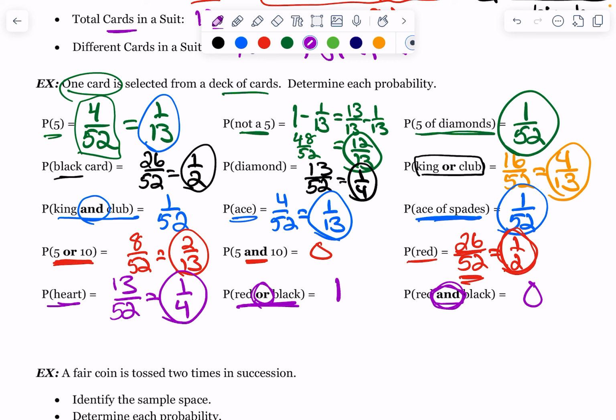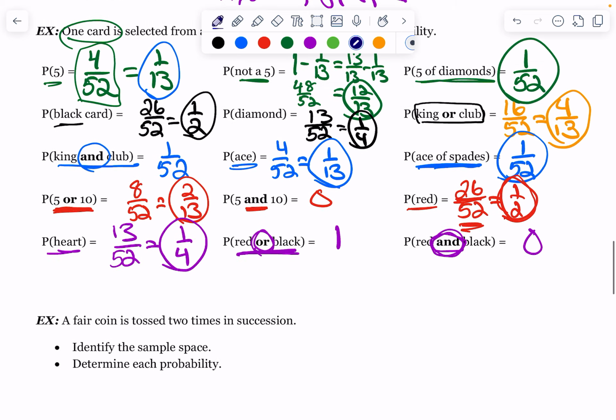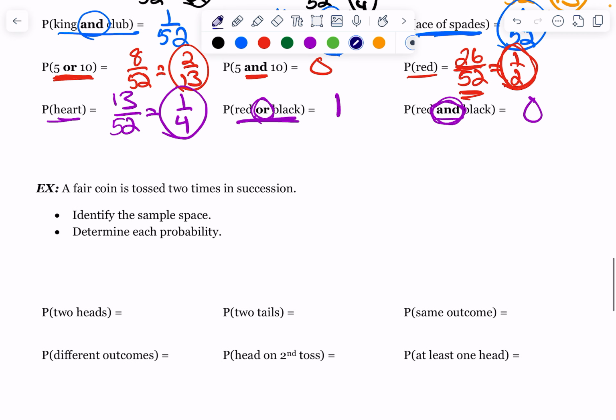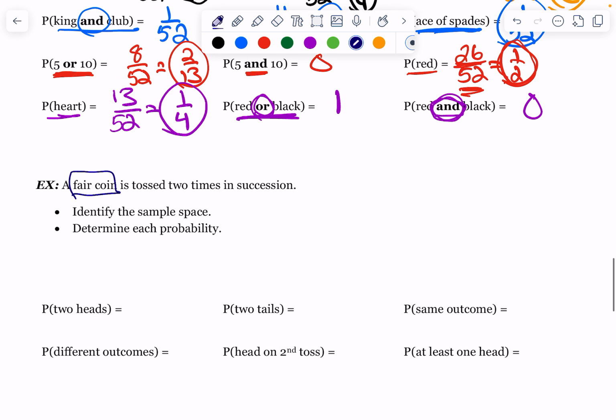Okay, next, we're going to look at a fair coin that is tossed 2 times in succession. So a fair coin means that when we toss the coin, the outcomes can be heads or tails.